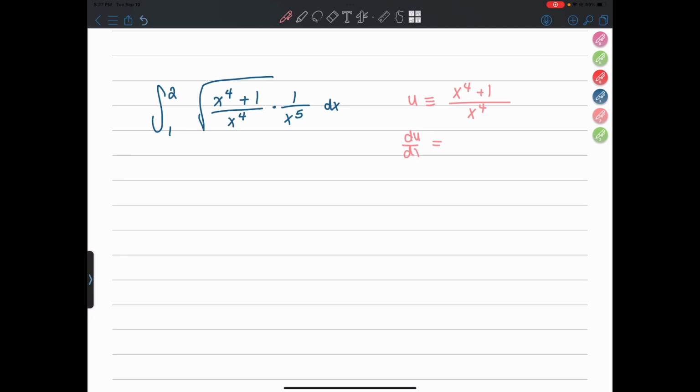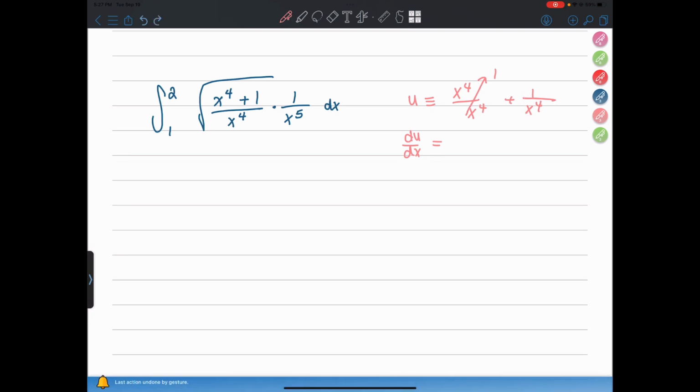du over dx. And then to make this process easier, I just decided that we could make this into this format, right? So that way this goes to 1, and then the derivative of that is just 0. So we're just left with this side of it, and then we have this.